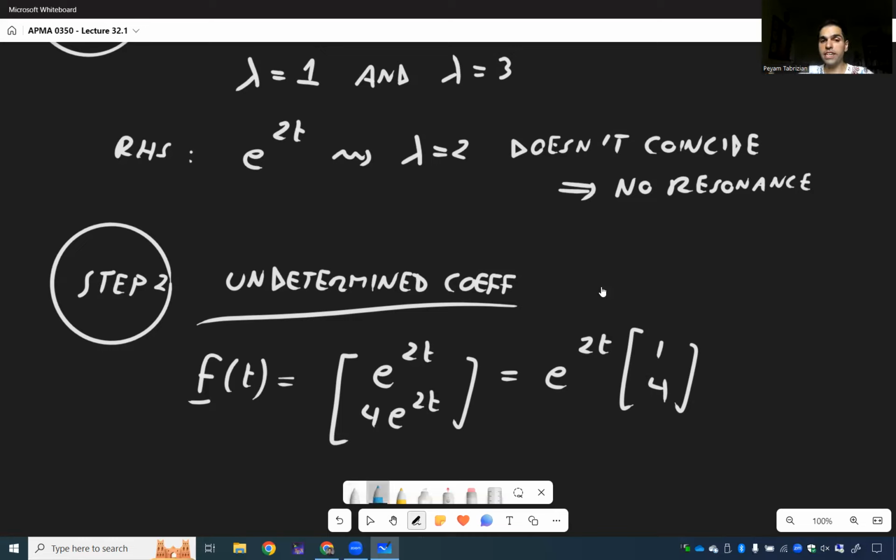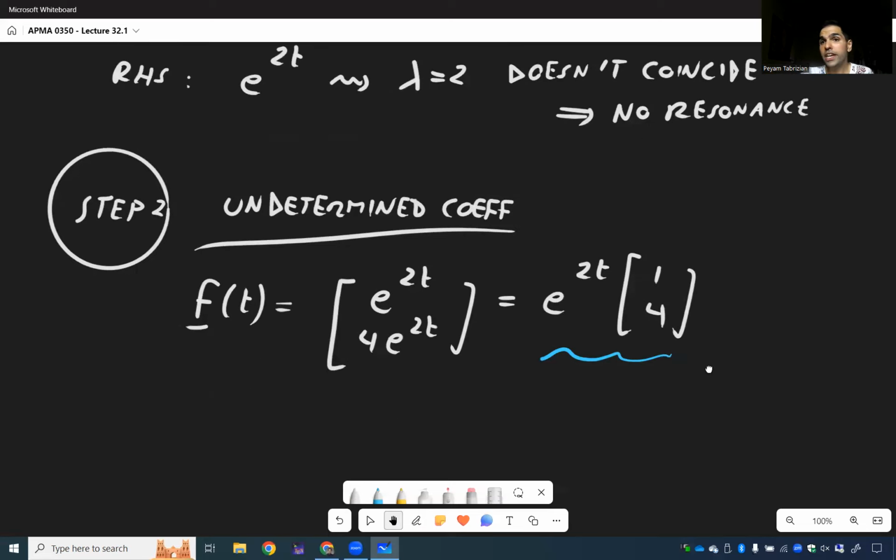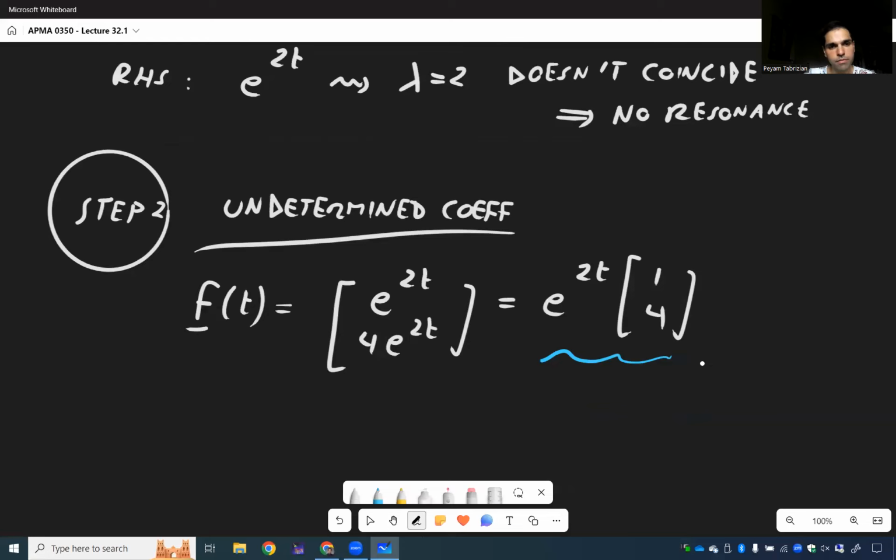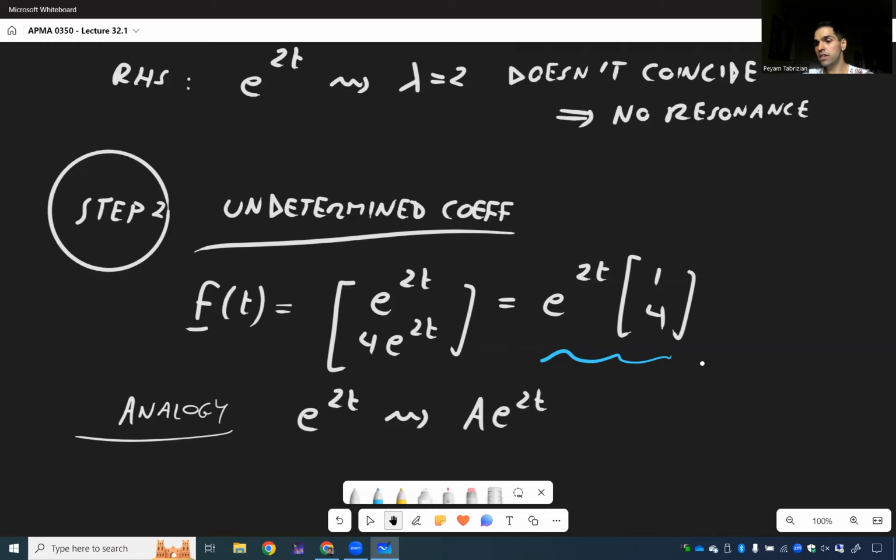You guess your particular solution based on what the right-hand side looks like. And here, you just do it by analogy. So for scalar ODEs, e to the 2t would have given you a e to the 2t. So here we do the same thing, but instead of a, you have a vector (a, b).